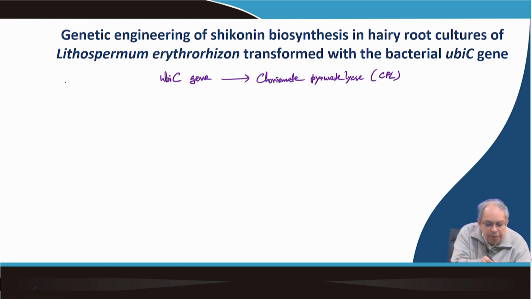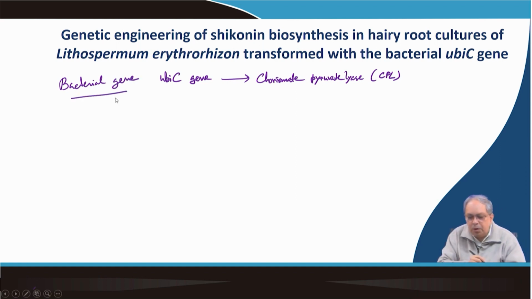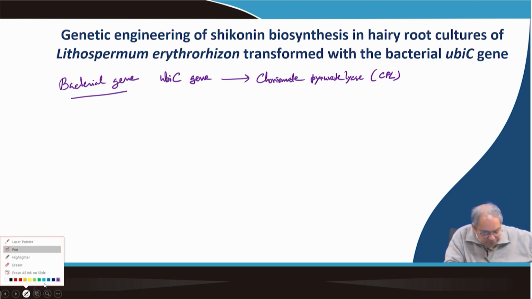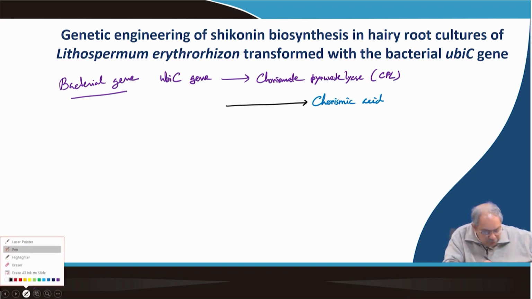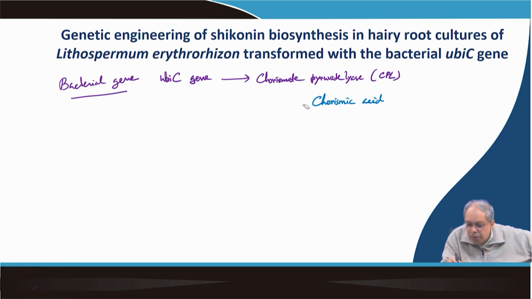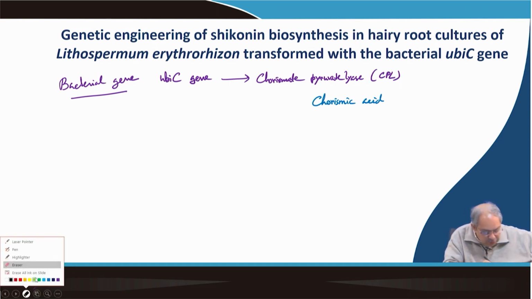This is basically from a bacterial source. So, chorismate pyruvate lyase, what does it do? It produces 4-hydroxybenzoic acid from chorismic acid.